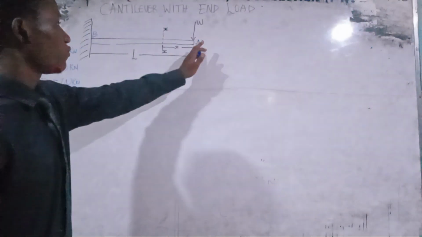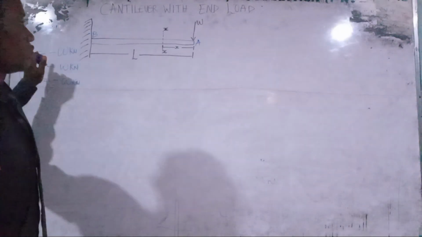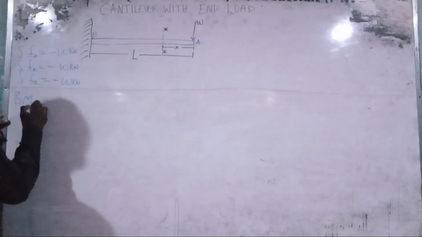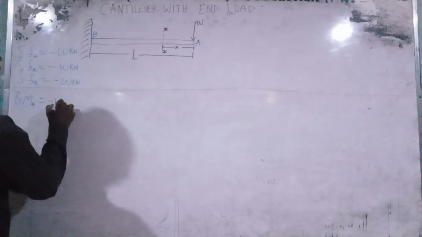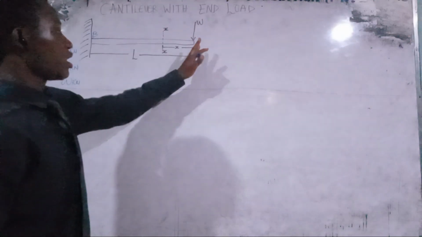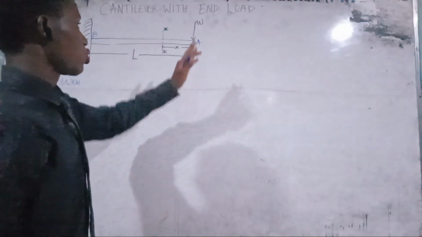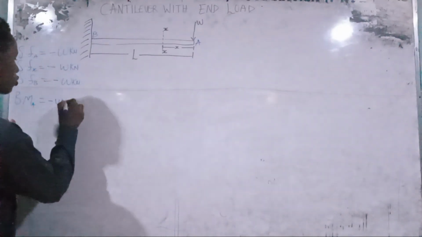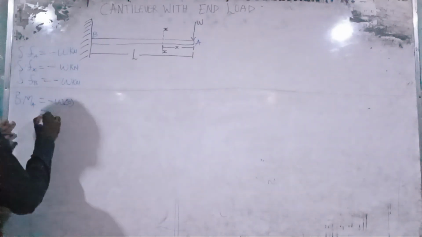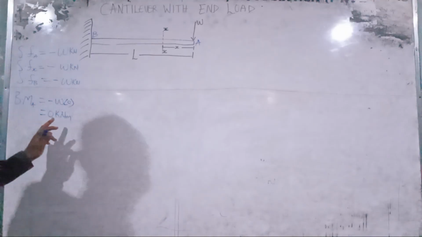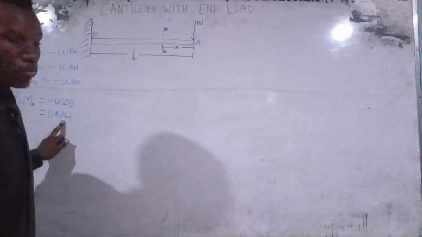The force here, which is the shearing force, is given as minus W from A. So the bending moment at A equals minus W times the distance from A to A, which is 0, because it did not move at all. So it will be W times 0, which equals 0 kilonewton meter. Kilonewton meter is the unit for bending moment.